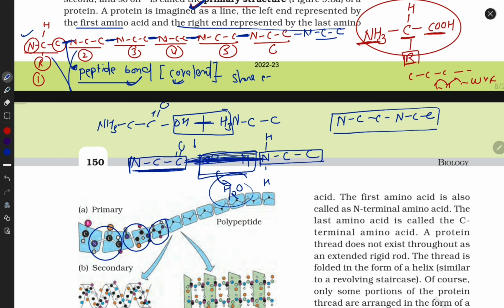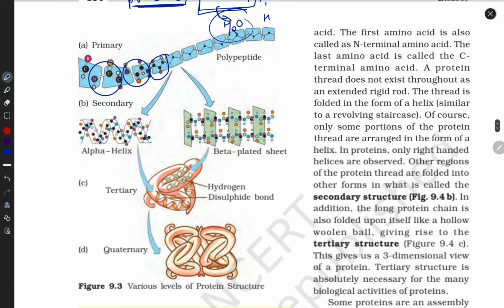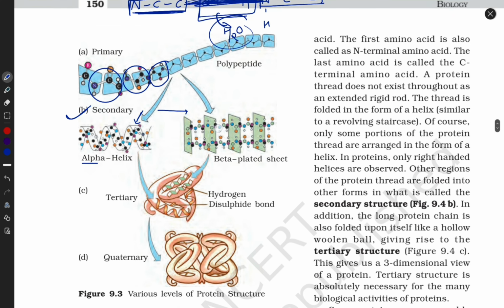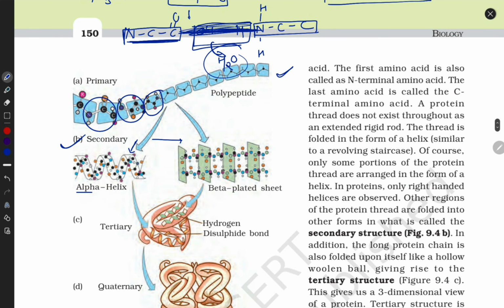Now let's move towards secondary structure. Look at here guys. Secondary structure is divided into two parts, alpha helix and beta pleated sheet. Guys, we know that this is the primary structure, but this is not a functional structure of protein.